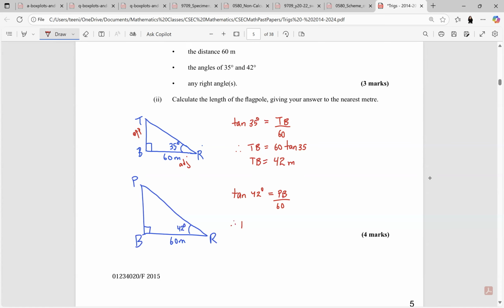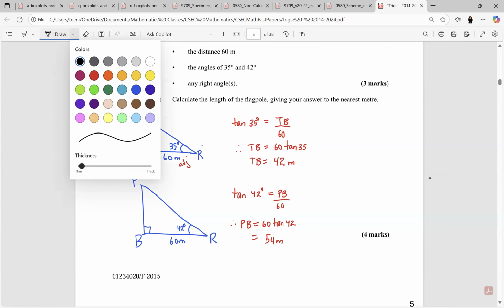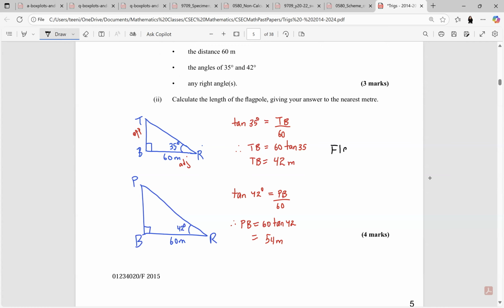Therefore, PB is equal to 60 by tan of 42, which is 54. So the length of the flagpole, which is the difference of those two, would be 54 take away 42, which is 12 meters.